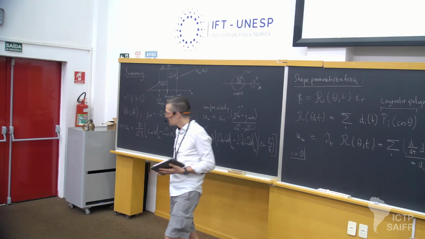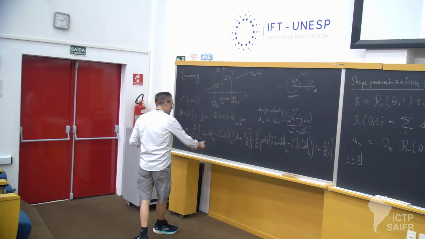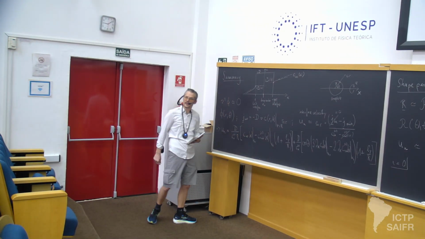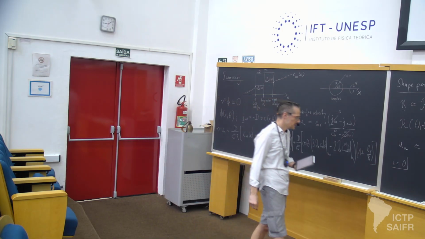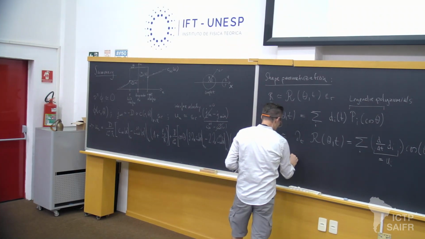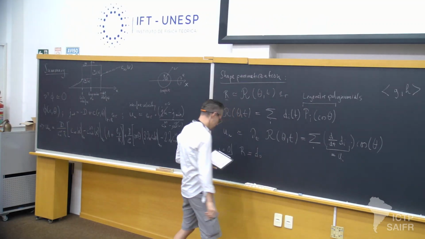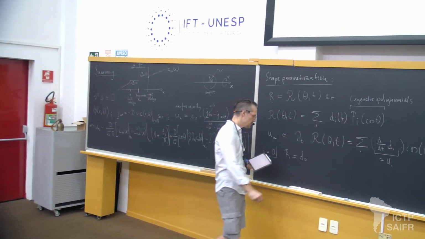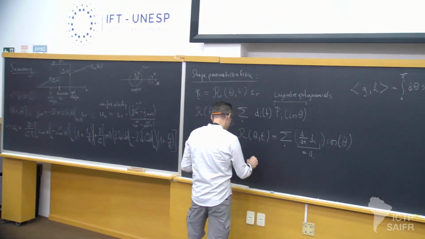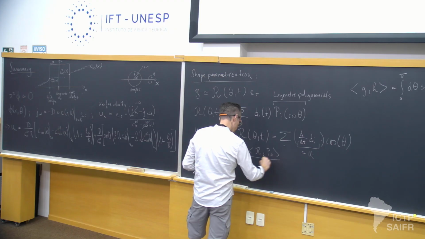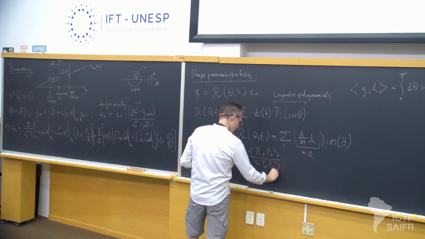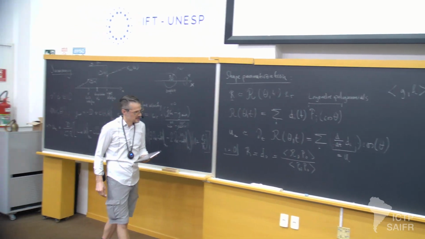I mean, we had before, this we have learned as the change of the radius, remember that, right? But now it's just local. Same thing here. So R, I can identify with d_0, that's the radius. And I can define it with these shape functions simply as the scalar product with the zeroth order Legendre polynomial, and of course divide, because in general I get a scalar contribution from the projection.